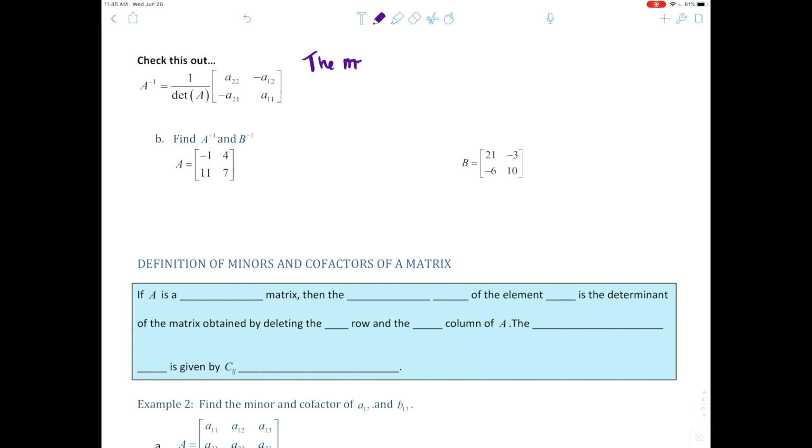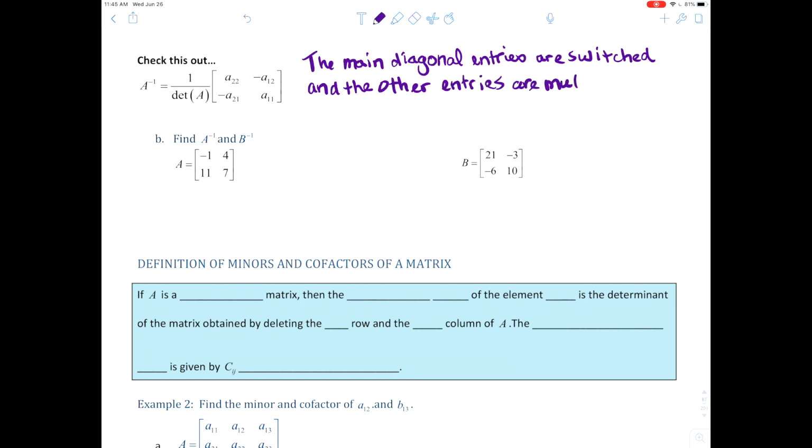The main diagonal entries are switched, the other entries are multiplied by -1, or you do the opposite of them. Cool? All right, so remember, main diagonal starts at the top left and goes down to the bottom right.